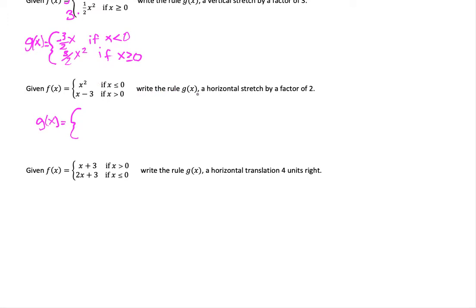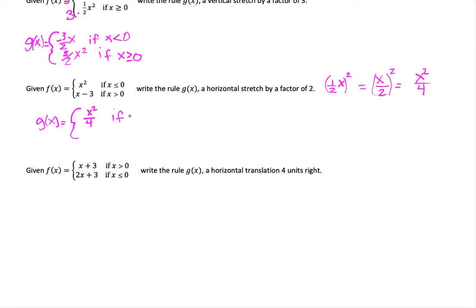So what that's going to look like is 1/2 times x and then the squared. When I simplify that a little bit, it looks like x over 2 squared, and I can simplify it even more by distributing that 2 to both the numerator and the denominator. So I have x squared over 4.